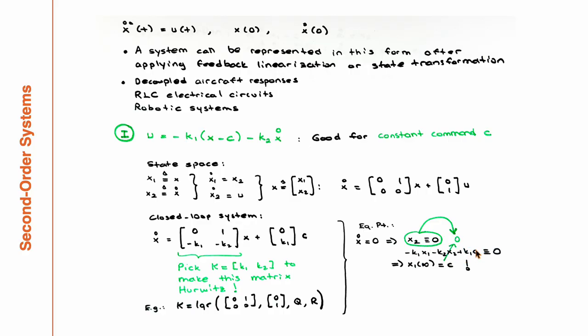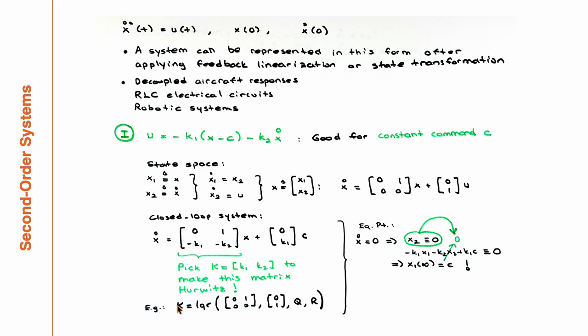If you divide both sides by k1, x1 equals c. So the equilibrium points are x1 is c and x2 is 0, meaning that if you make this Hurwitz, your position state will follow the command and your velocity will go to 0, which does our job: your position state x will track the constant command with this controller.